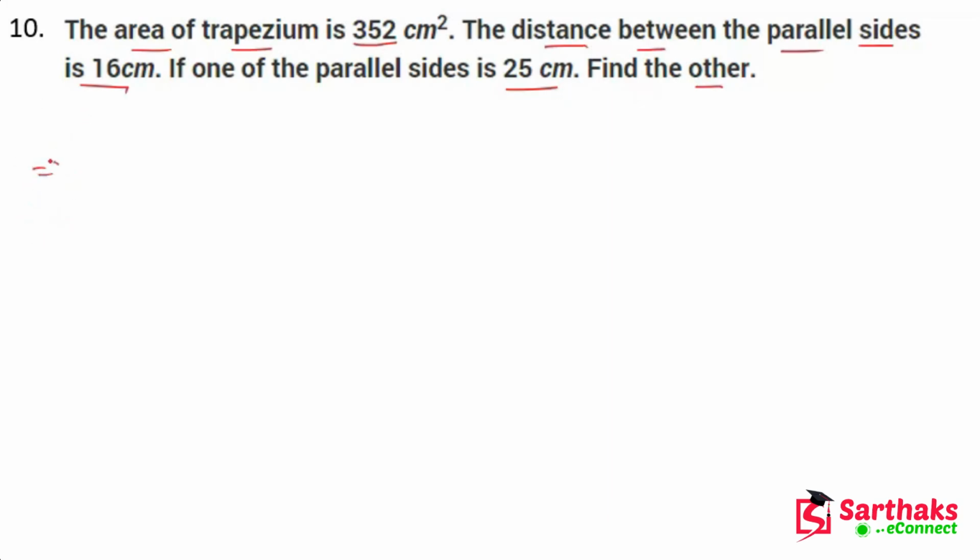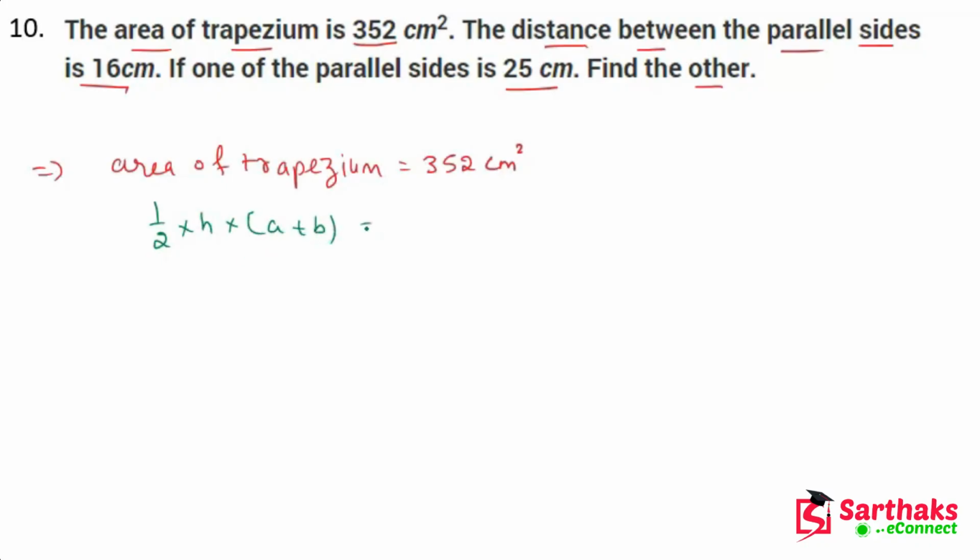Got it? So now here we know the area of the trapezium is 352 centimeter square, and this is half into height into sum of parallel sides, equal to 352.